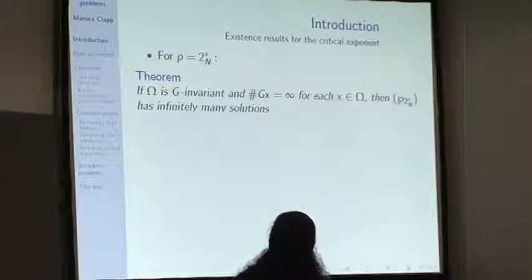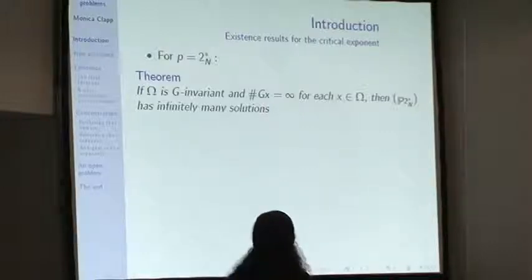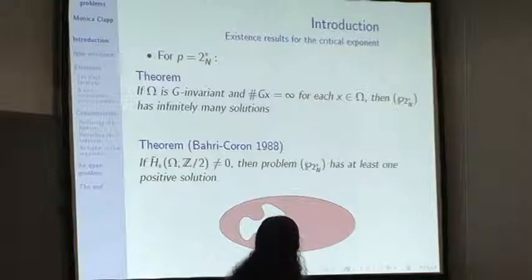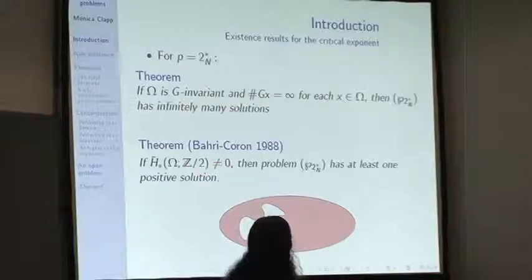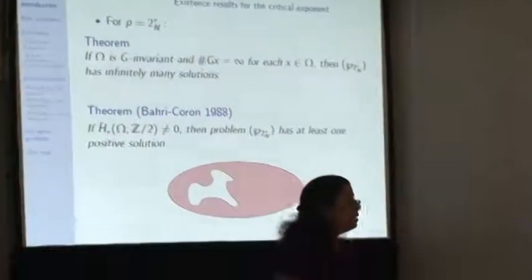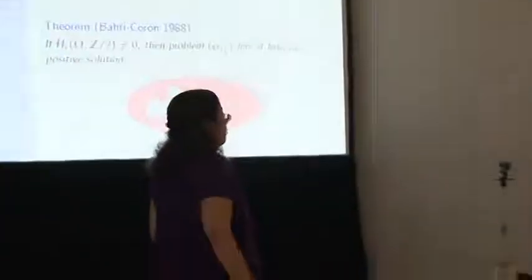Now, the most remarkable result concerning the critical exponent is a result due to Bahri and Coron. They prove that if the homology of the domain is non-trivial, then the problem always has a positive solution. So this is really a remarkable result.